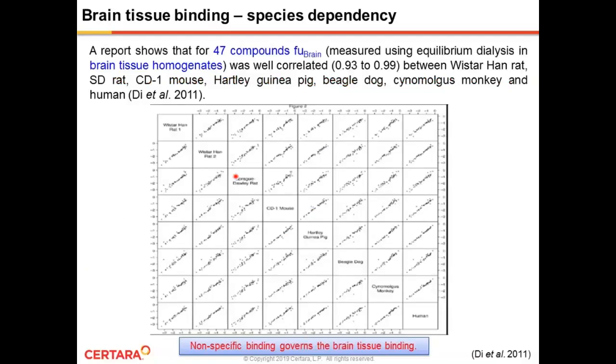Hence, this slide signifies that if you don't have brain tissue drug binding in a particular species, even then you can use data from another species, because in terms of brain tissue binding, they are very tightly correlated. You can see there are different species here, and the paper says that brain tissue binding is interchangeable between the species.